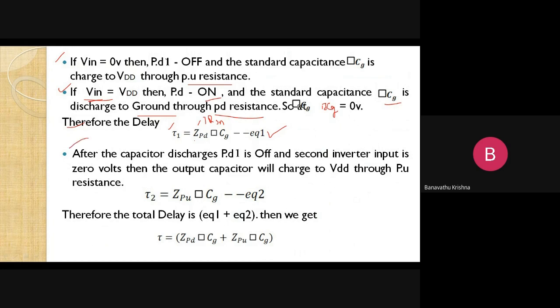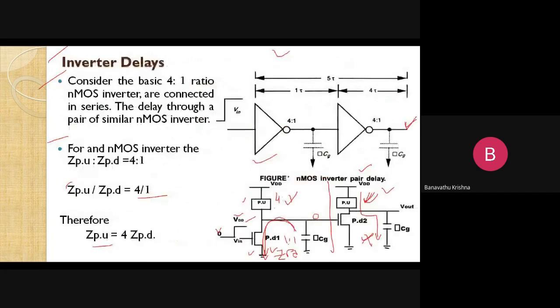Similarly, after the capacitor discharges through pull down transistor 1, it is off and the second inverter input is 0 volts, then the output capacitor will charge to VDD through the pull up resistance, right? So for the input voltage VDD, finally we get the output of the first inverter as 0. This 0 is applied to the second inverter.